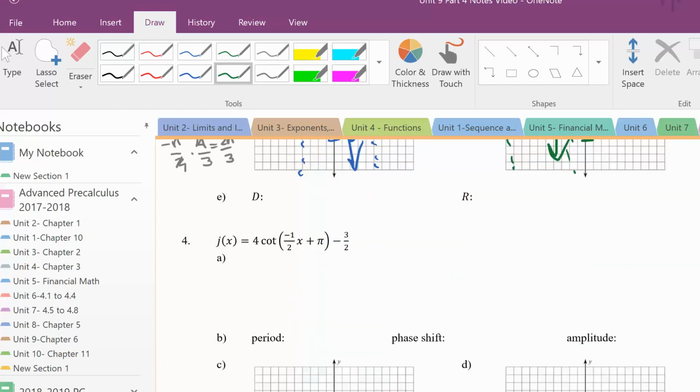All right, the last one is the cotangent. The cotangent, we factor out the negative sign, or the negative 1/2. So it's going to be x minus 2 pi. Now remember, cotangent is odd, so that makes this a negative 4.